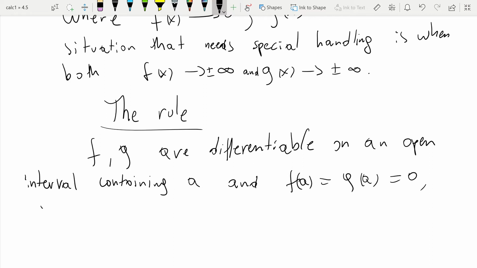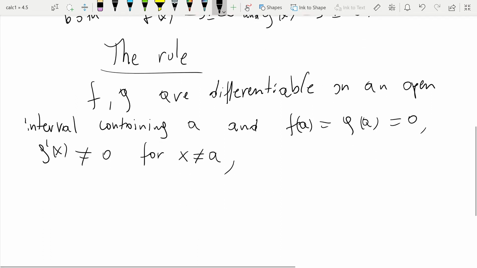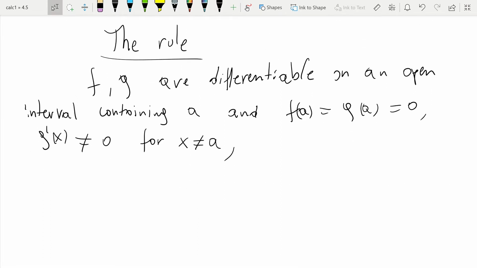And furthermore, g prime of x is not equal to 0 for x not equal to a, inside this interval.